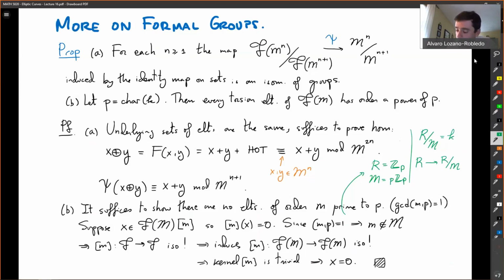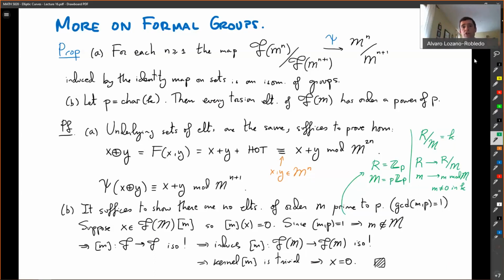But if you take an M that is relatively prime to P, and then you send it here and consider M modulo the maximal ideal, then M is not zero in little k, because M is not divisible by P. Okay, and so now you think of little k as FP or an extension of FP.